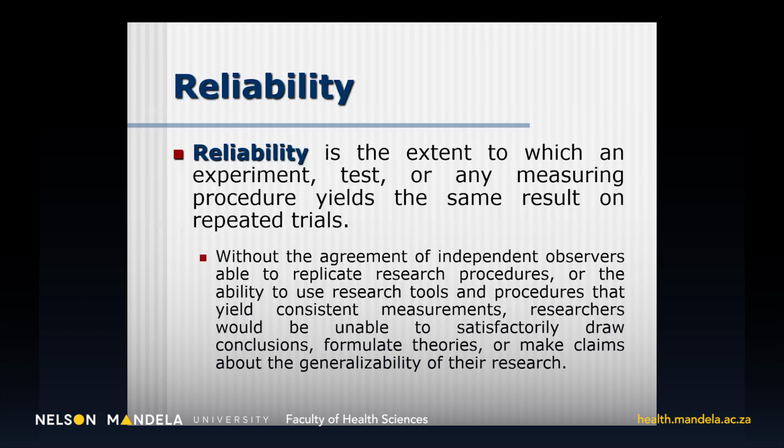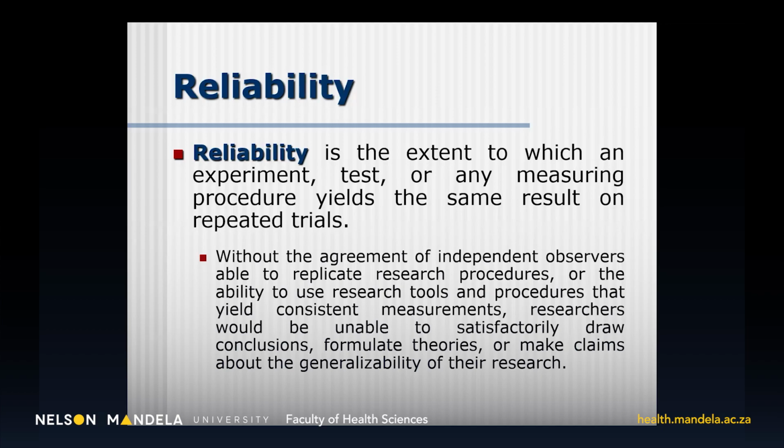And therefore, I just noted for you here that without the agreement of independent observers able to replicate research procedures, or the ability to use your research tools and procedures to yield consistent measurement, researchers will be unable to satisfactorily draw conclusions, formulate theories, and make claims about generalizability of their research.